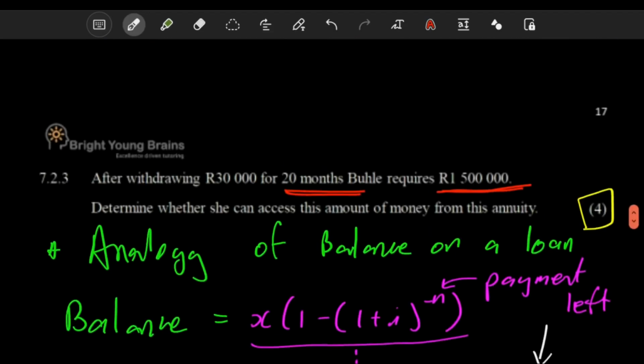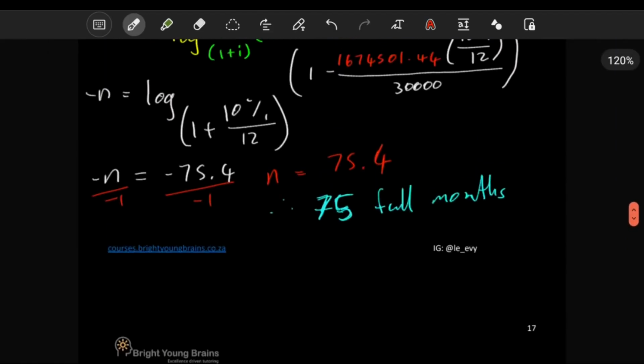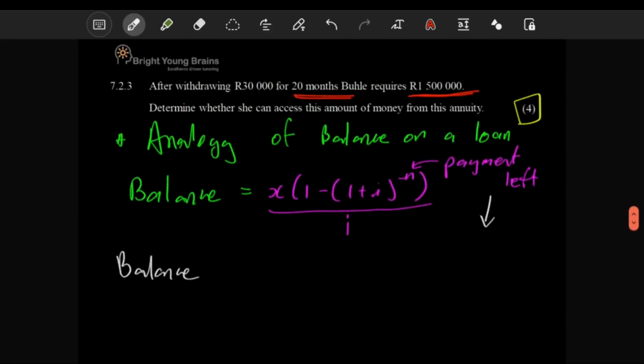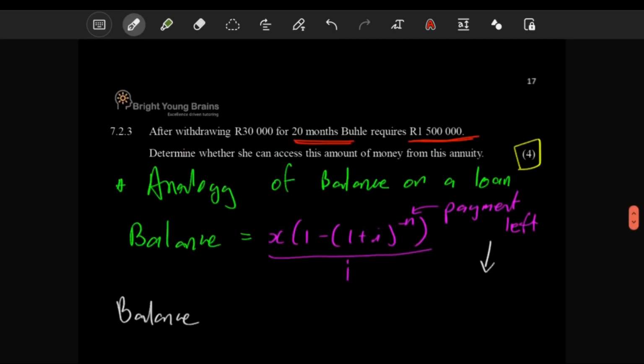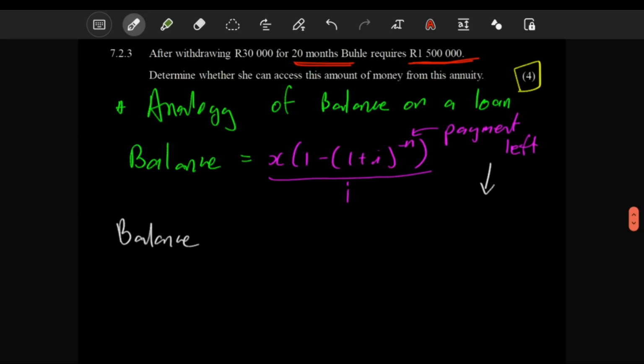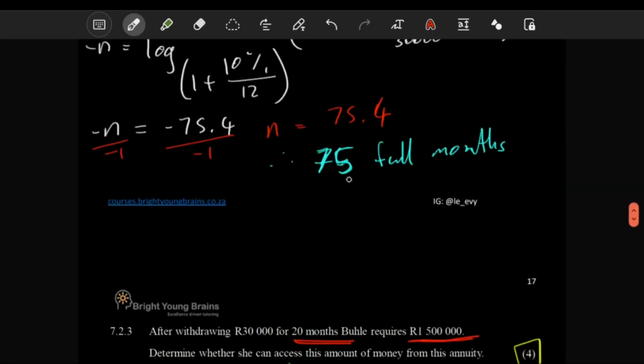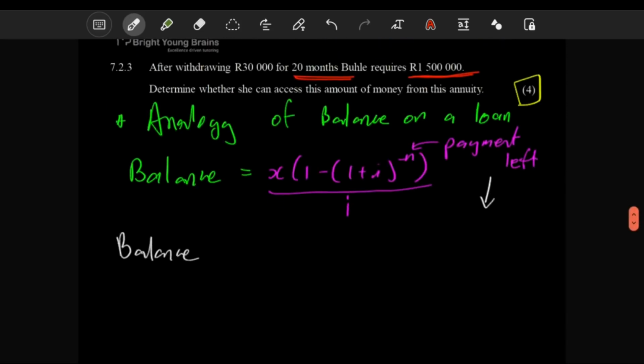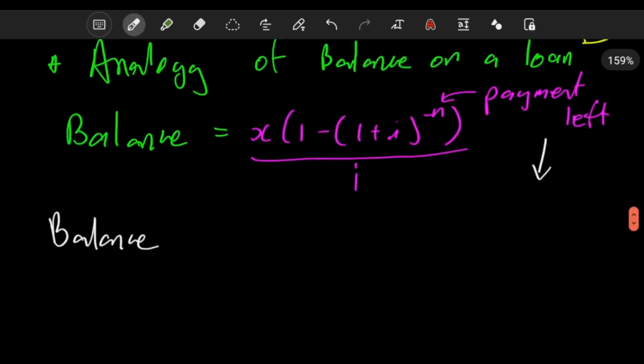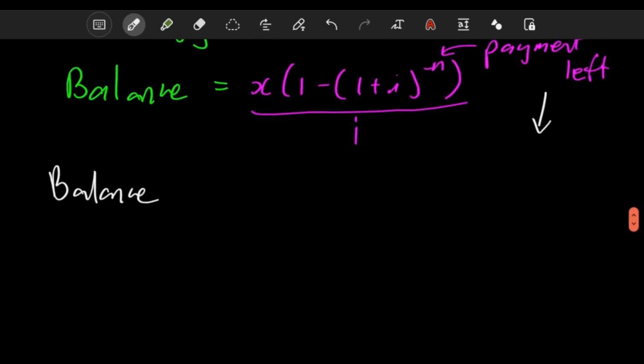But anyways, the balance, so technically the amount of payments left. For her to have spent this entire money completely, in our case, we don't want to think in terms of 76 months. You see, just think of how she can only make 75 full withdrawals of 30,000. So here, the total payments is 75, right?